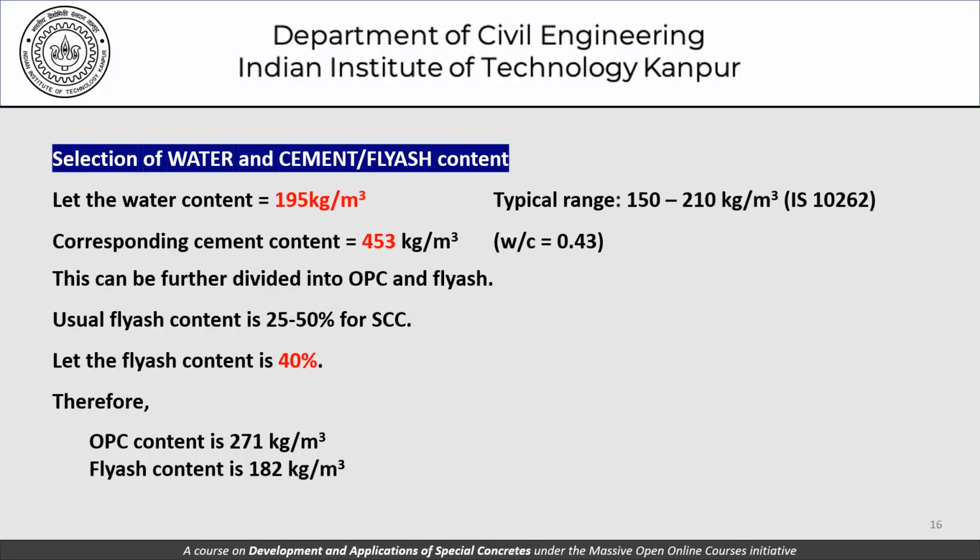We assume the water to be 195 kg per cubic meter. Now the typical range given in IS 10262 is 150 to 210. We begin with 195 based on past experience. Now you will realize that a lot of mix proportioning exercise has past experience and given values.